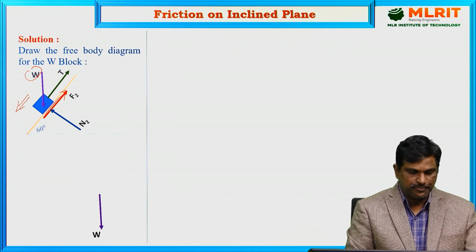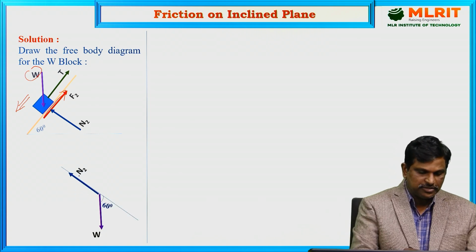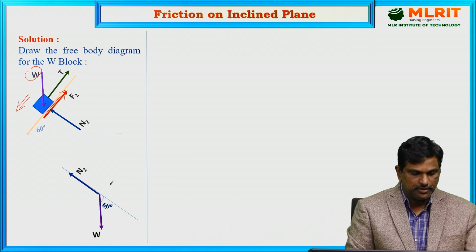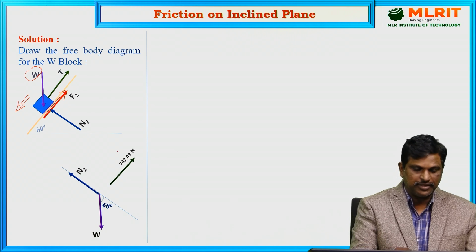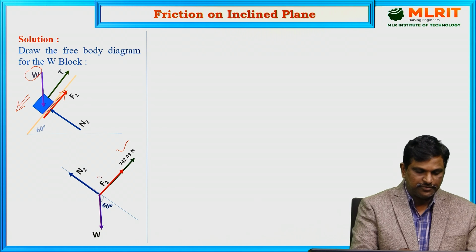Draw the force diagram. Weight always acts vertically downwards. Normal reaction perpendicular to the plane, which is at 60 degrees to the vertical, and tension in the string is 742.49, and friction is F2.